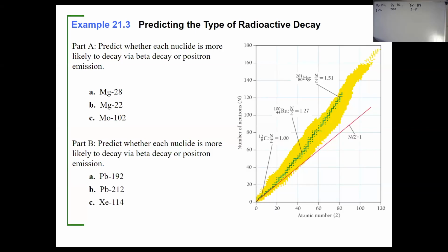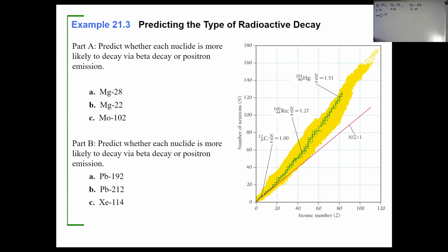If my Z value is around 82, and I trace it up here, I see that the stable N over Z is going to be around 1.5 something. One of the examples is mercury, with an atomic number of 80, and that's 1.51. So maybe for lead it's going to be 1.52 or something like that.